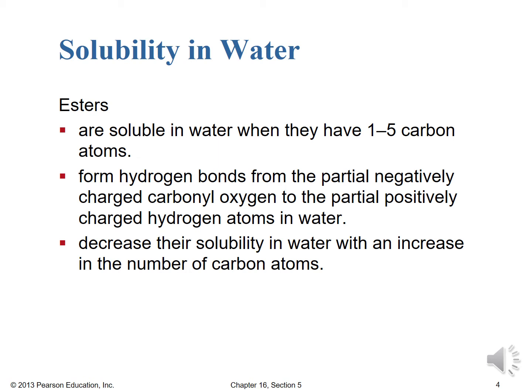However, they're not as soluble as the alcohols or the carboxylic acids of the same number of carbon atoms, and the solubility decreases quite a bit with an increase in carbon atoms, with carbon 6 and higher being essentially only very slightly soluble or insoluble in water.